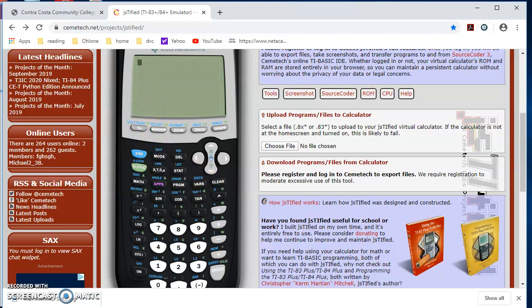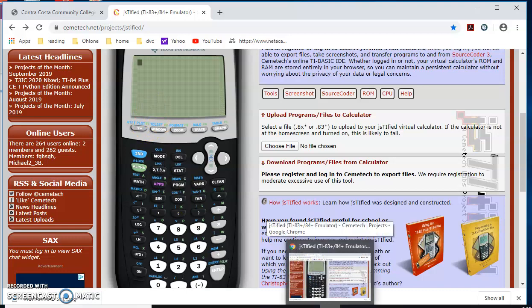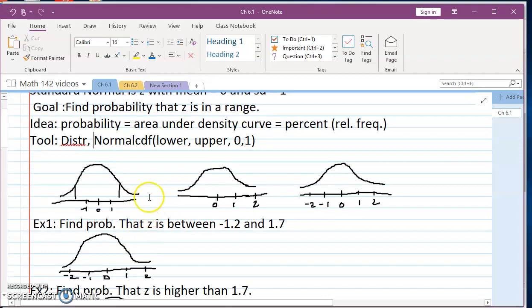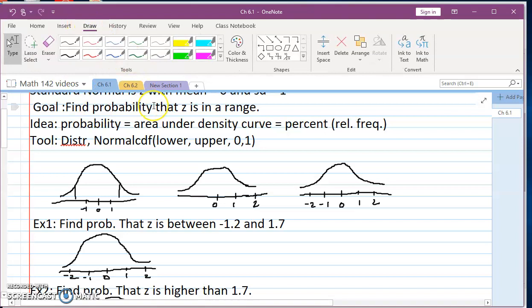Okay, let's do some examples. Go back to our notes and look at the syntax of normal CDF. If our range is between two numbers, like this first case, and we want to find the probability that it is between two numbers, we draw the two Z values here and highlight the area on the Z axis.